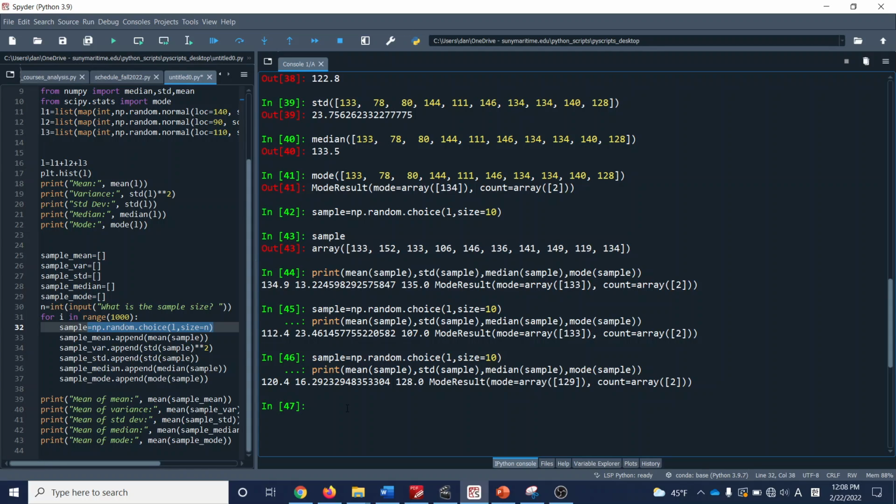So what I want you to know at this point is that every time you collect a sample of size 10, you're going to get a different value of the mean, different value of standard deviation, different value of the modes, and all that. Okay. Then the question is, what makes you believe these sample values?